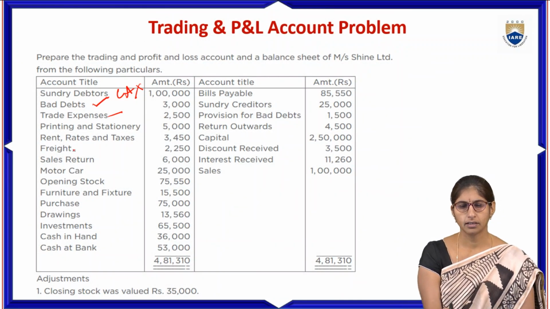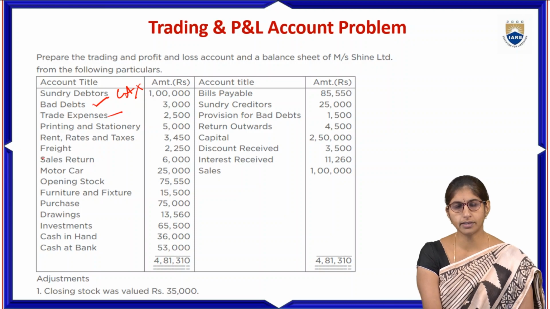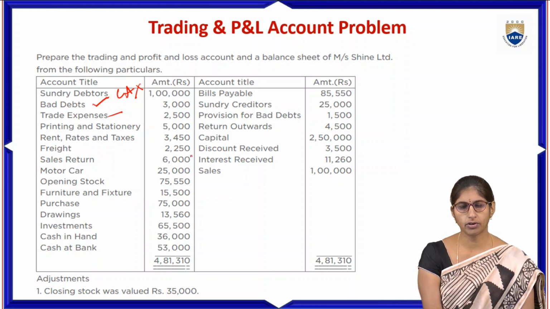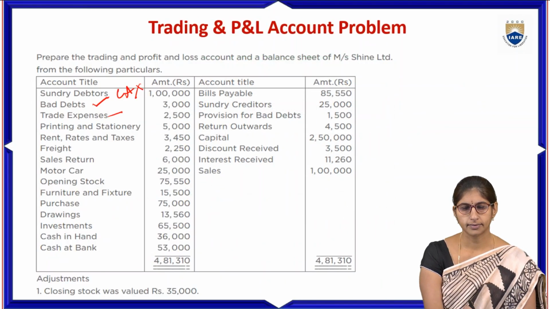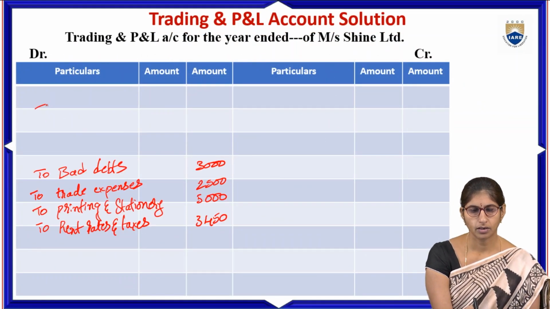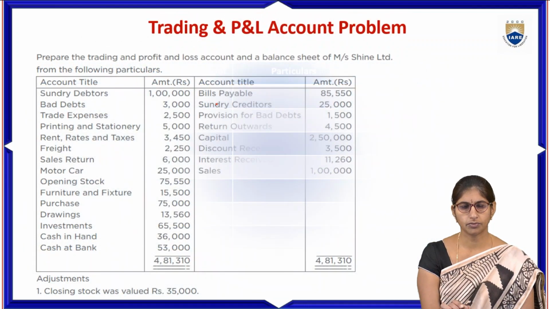Next, freight charges, which is related to trading account. So we are going to write in the trading account, $2,250.